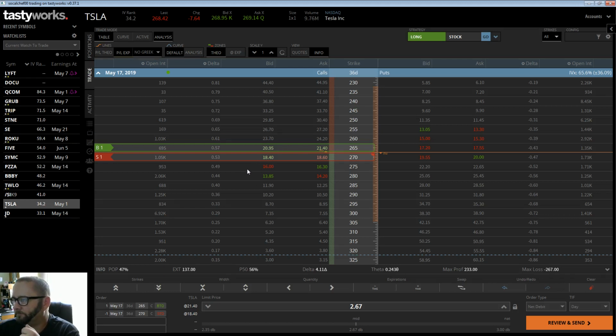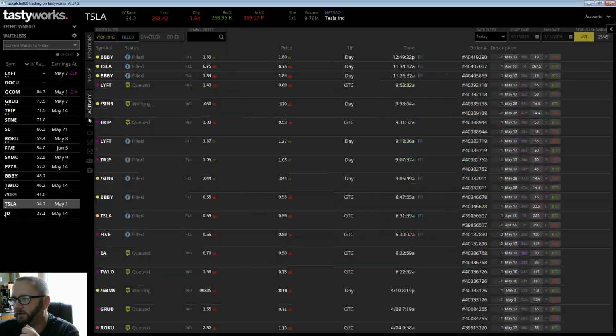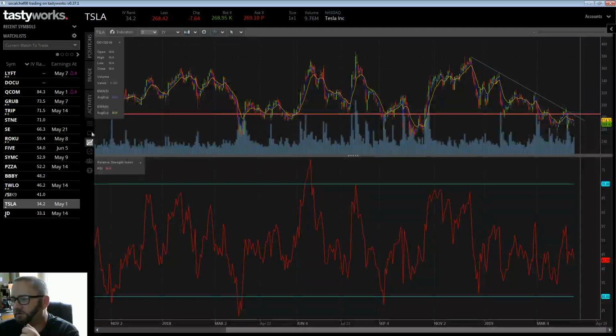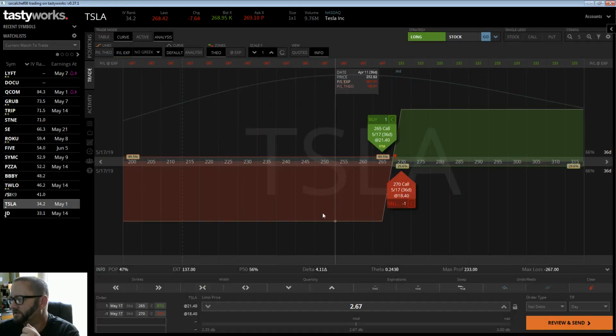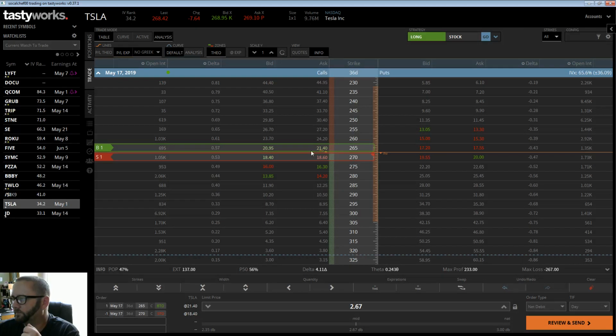So as this moves up, you make your money. Okay, it's just kind of like going long a little bit, but you're defining your risk a little bit. I'll get into that a little bit later. I don't do a lot of debit spreads right now, but that ultimately is a debit spread, okay?